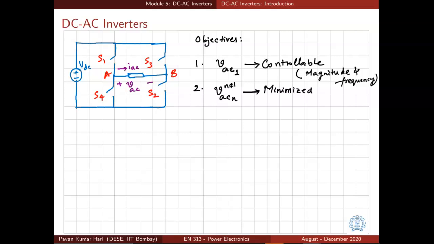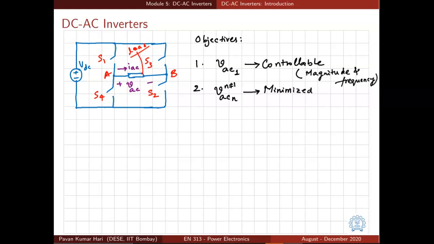We want to control its magnitude and also its frequency, because it's not necessary that we always want to generate 50 Hz. The AC source present within this load, the back EMF source that was shown earlier, could be at any frequency. It depends on the speed, basically.